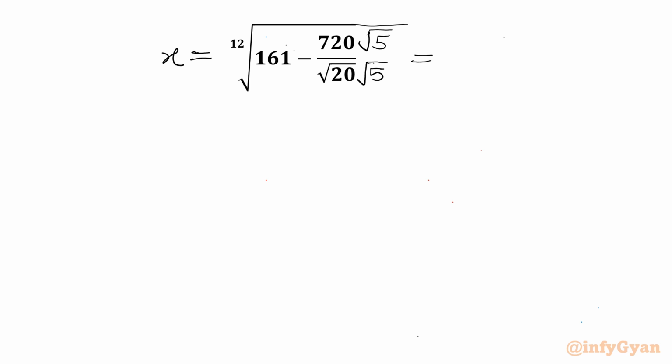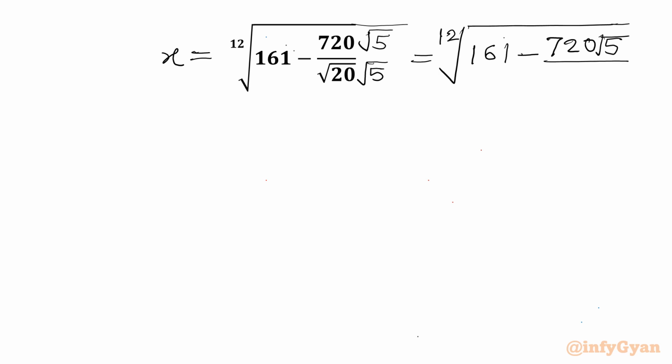This will be equal to 12th root of 161 minus 720 square root 5 divided by, this is square root 100, so I can write 10. Now this 10 and 0 will be over.